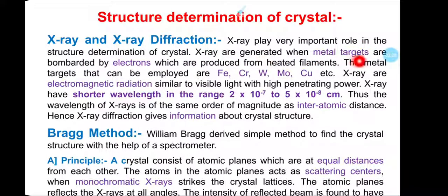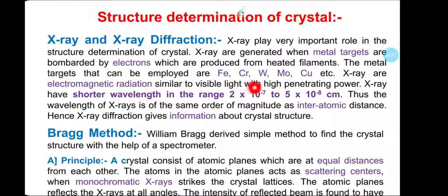X-rays are generated when a metal target is bombarded by electrons, which are produced from a heated filament. The metals that can be used are iron, chromium, tungsten, molybdenum, copper, etc. X-ray radiation is electromagnetic radiation.